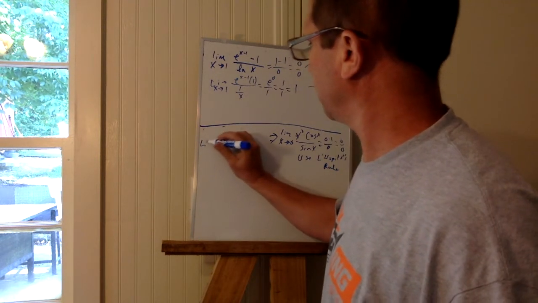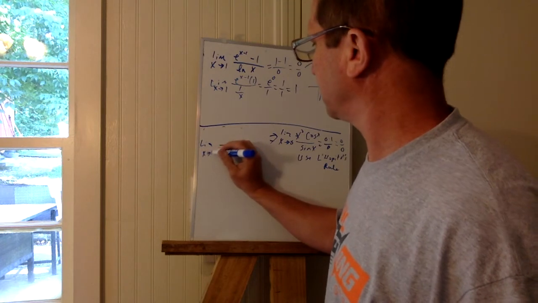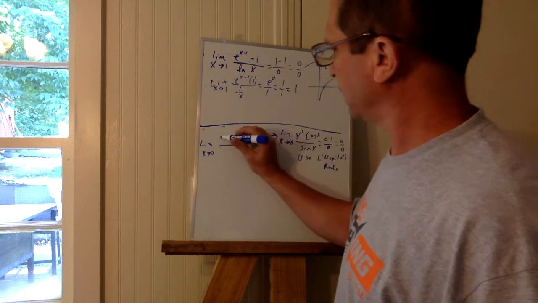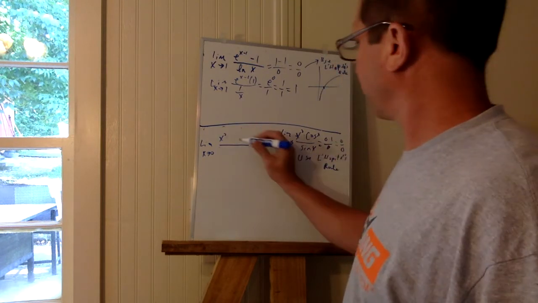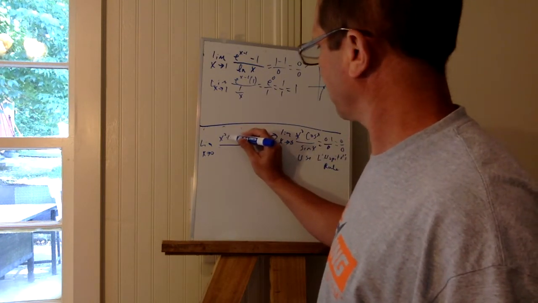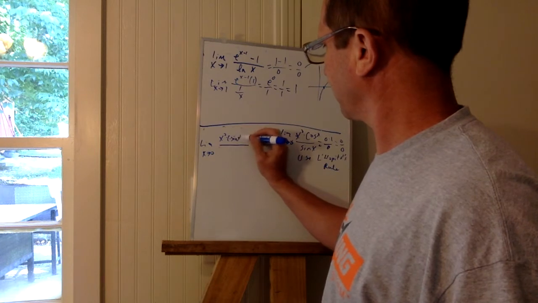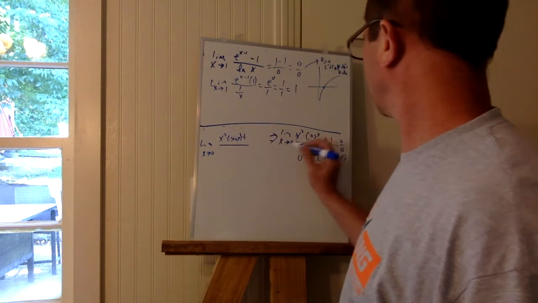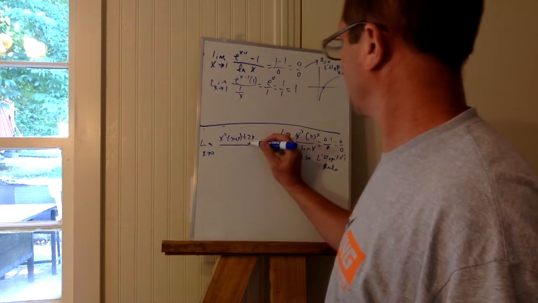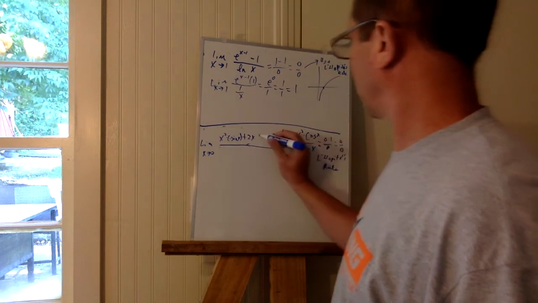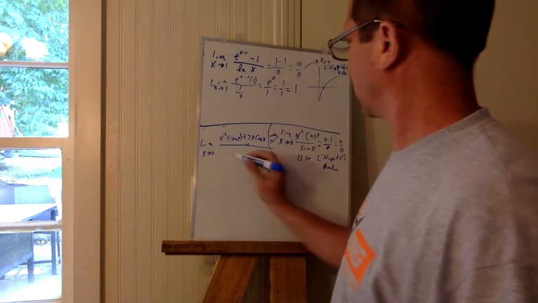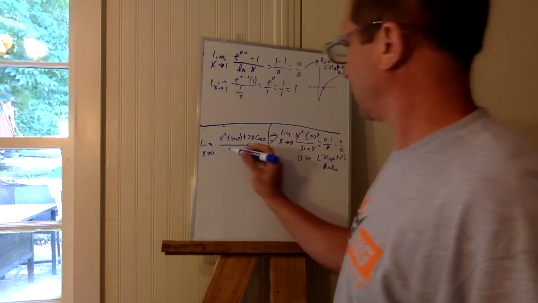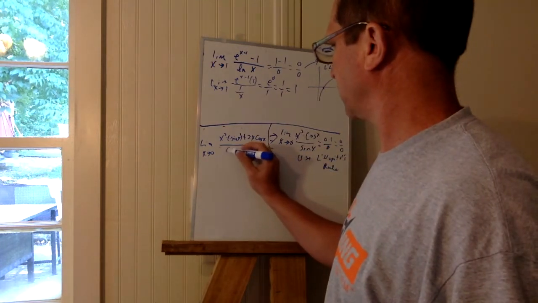So it's the limit as x approaches 0 of x squared times negative sine of x plus 2x times cosine of x, and that's all over the derivative of sine of x, which is positive cosine of x.